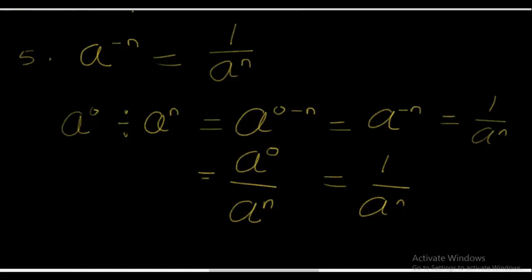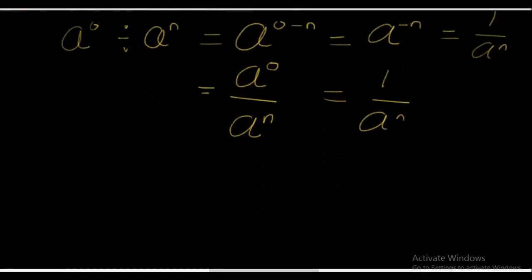Now let's go to rule number 6. Rule number 6 says that a raised to the power 1 over n is equal to the nth root of a.